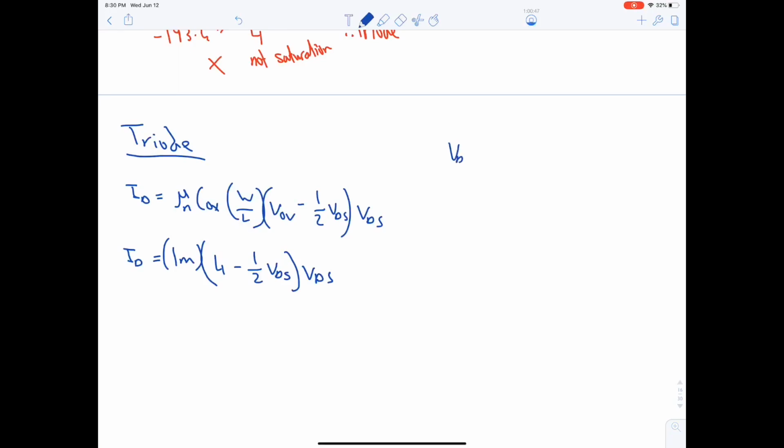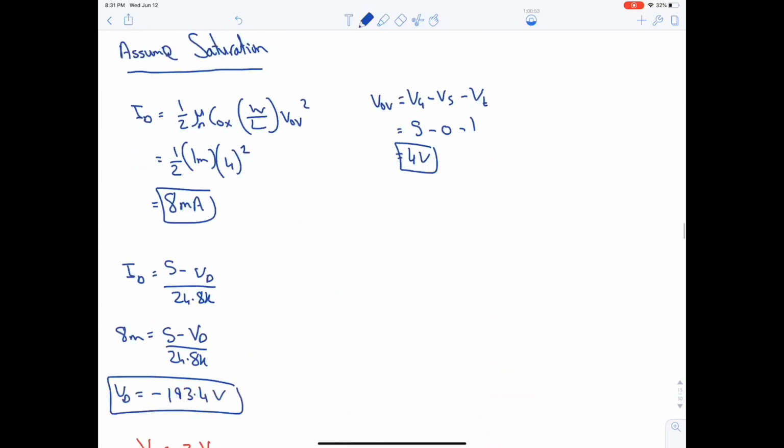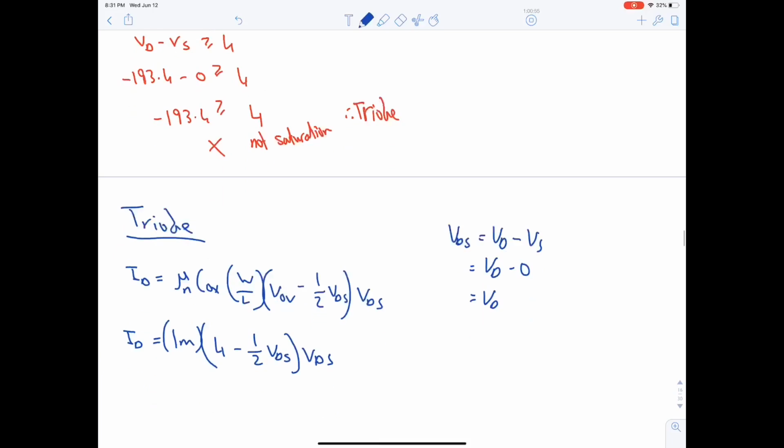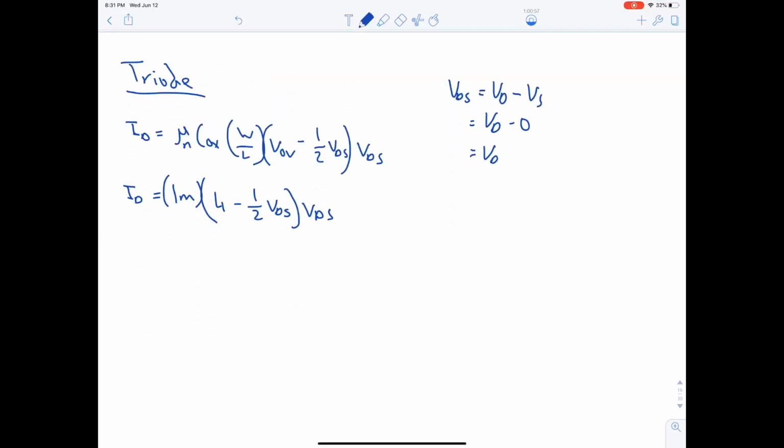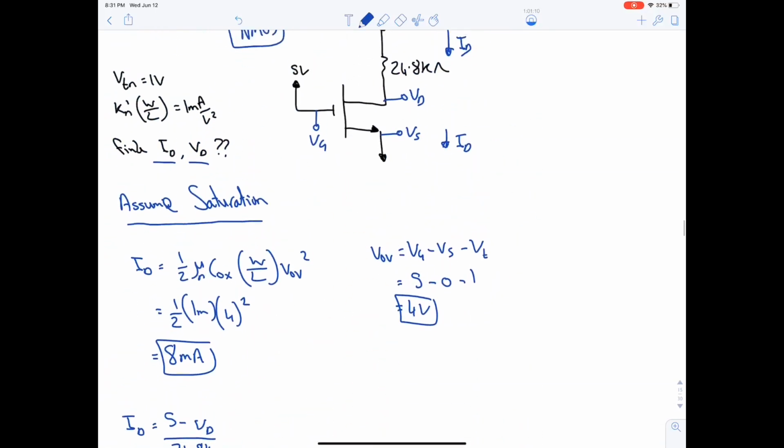What is VDS? VDS is VD minus VS. VD is unknown, but VS is 0, so it will be equal to VD. Now we need a relationship between VD and ID: 1 milli, 4 minus half VD multiplied by VD. We can get this from Ohm's law.